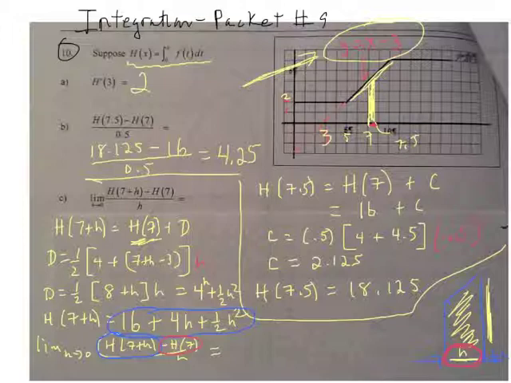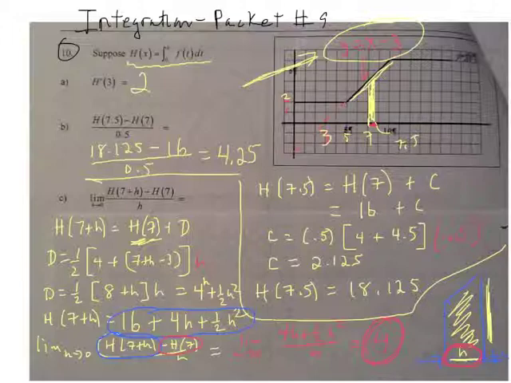If I do that subtraction, I'm going to be left with the limit as h approaches 0 of 4h plus 1/2 h squared, all divided by h. And if you take that limit, in the first term, the h, and do the division, you're going to have just 4. And you're going to have 1/2 h if you do the division on the second two terms. So the limit of that whole term is just going to go to 4.